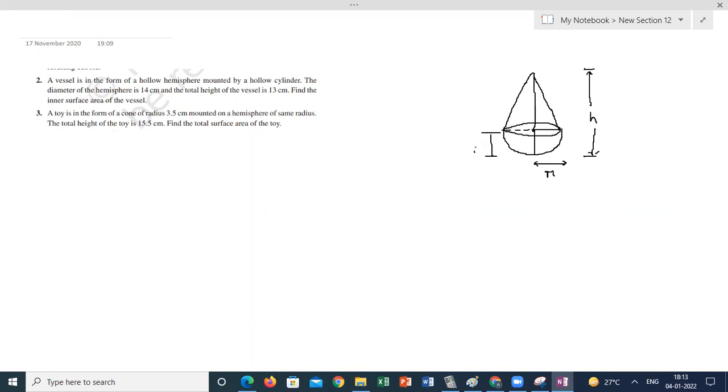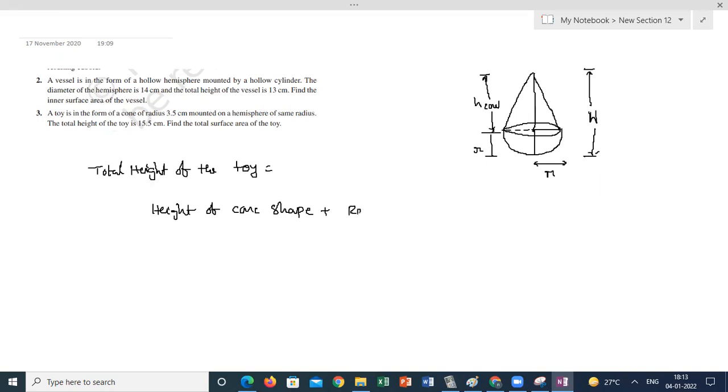And this is also the radius, and the rest of the thing is the height of the cone. So this is the total height, capital H. The total height of the toy will be equal to the height of the cone shape plus the radius of this hemisphere.